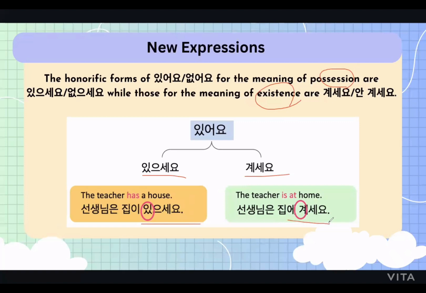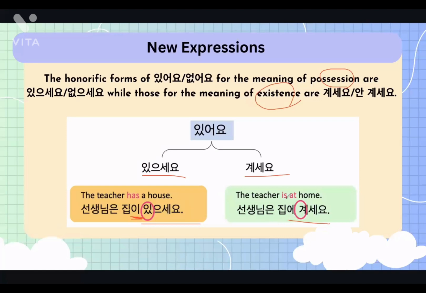Which one is possession? Which one is existence? Both are honorific forms, but for possession the honorific form is 있으세요. So the teacher has a house. Look here. 선생님은 집이, the particle is already different. 집이 있으세요. But what about existence? The meaning is 선생님은 집에 계세요.